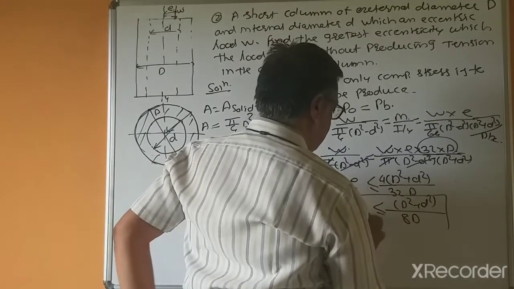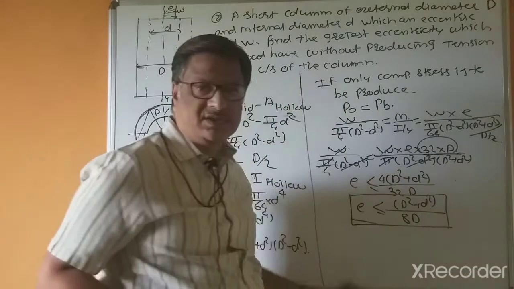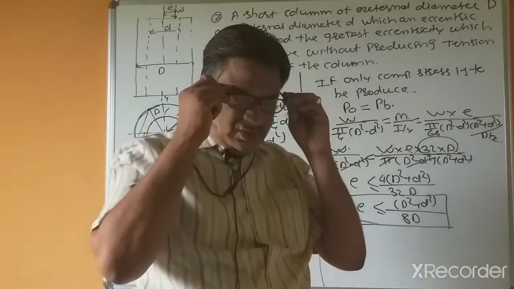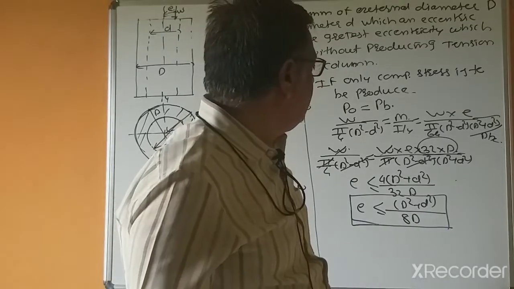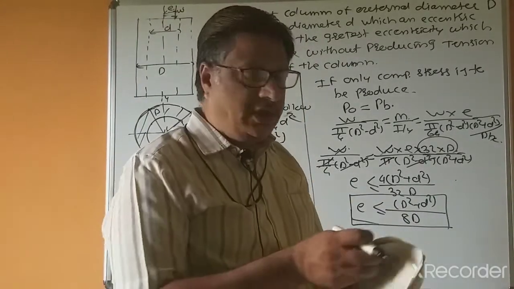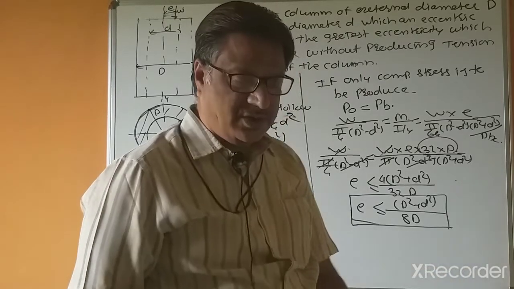This is your expected answer in terms of the diameters. That is, eccentricity equals external diameter squared plus internal diameter squared divided by 8 times external diameter.